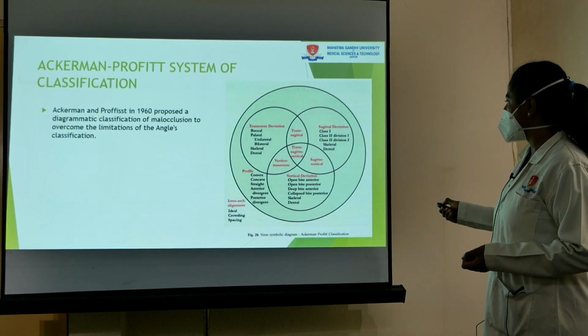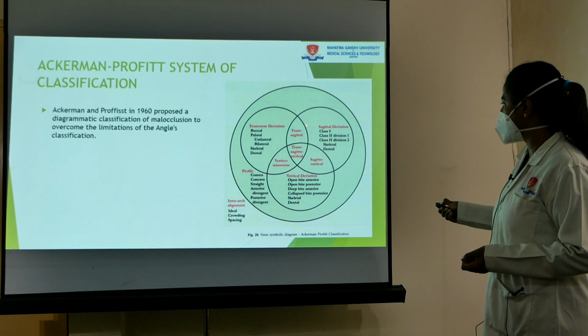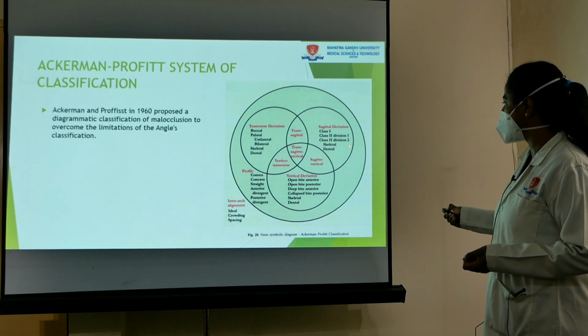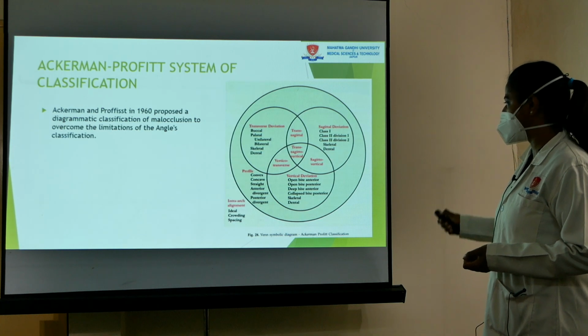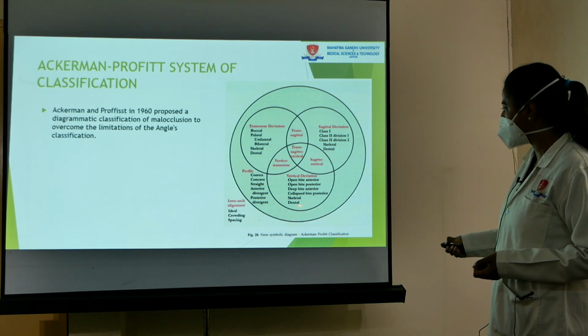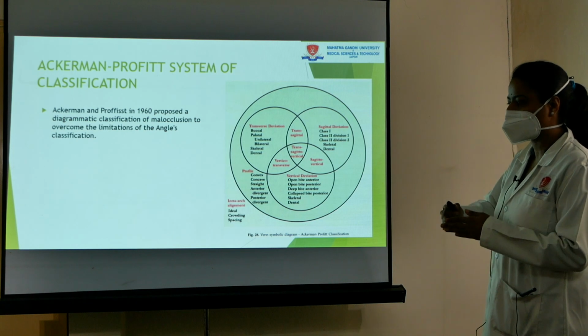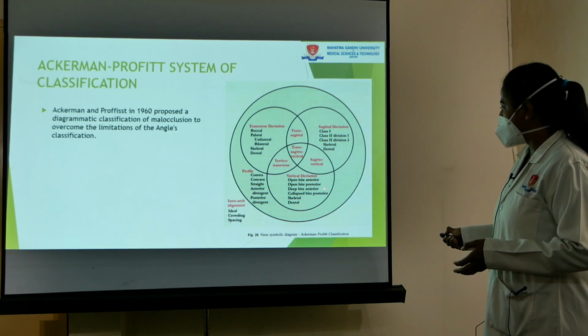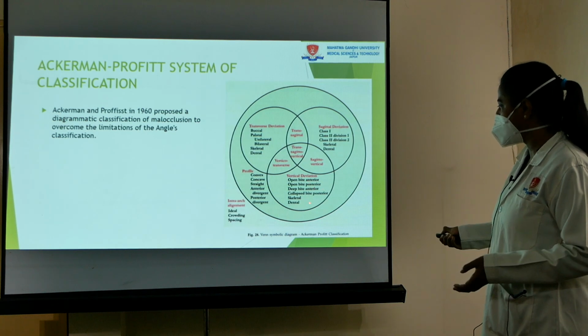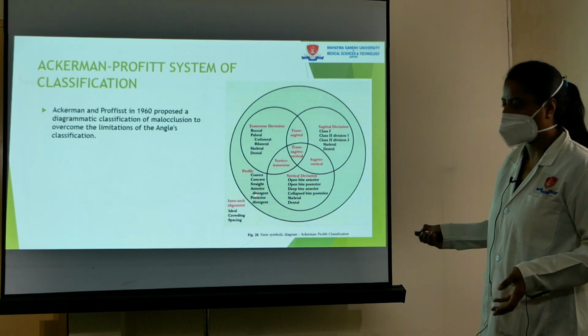Sagittal deviation in the anterior posterior direction, it creates the skeletal class 1, class 2 div 1, class 2 div 2, as well as the class 3 malocclusion, whether it is skeletal or dental. And third one, in the vertical deviation means arches are away from each other. It will create the open bite in anterior, in posterior, deep bite, collapsed bite, it may be skeletal or dental.